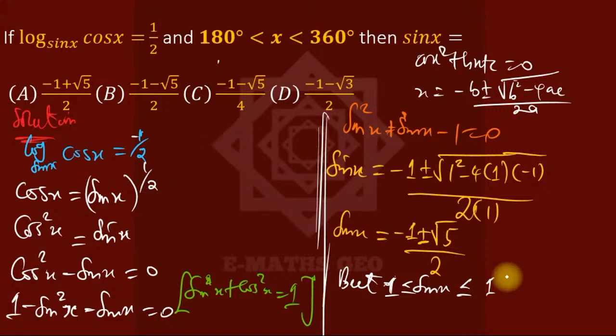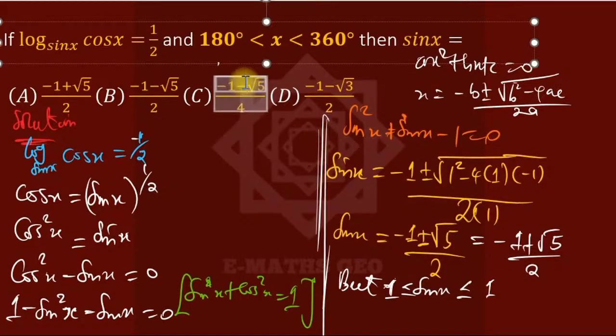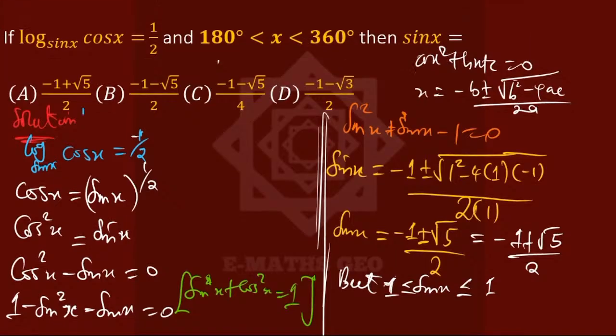So the answer is minus 1 plus root 5. So the actual answer is option A. So don't make mistake. The answer is option A.